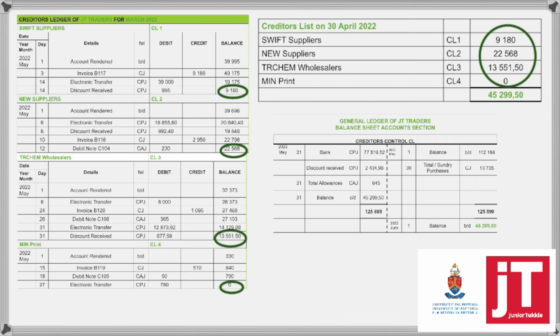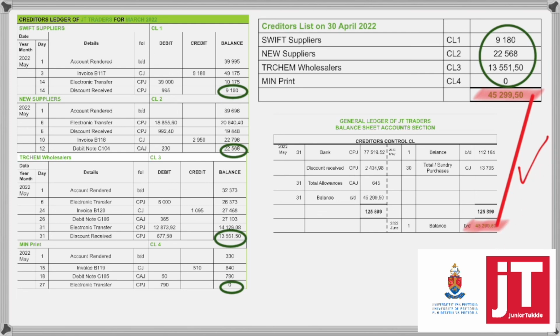Now, if you look at all your final totals, you will see that all of these final amounts translate to your creditors list over here. And then finally, when this creditors list is added up, you will see that total is equal to the balance of your creditors control account.